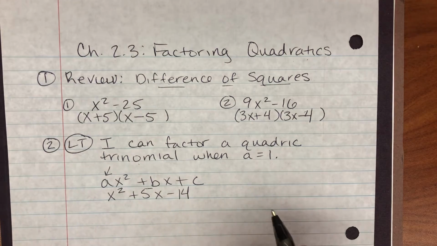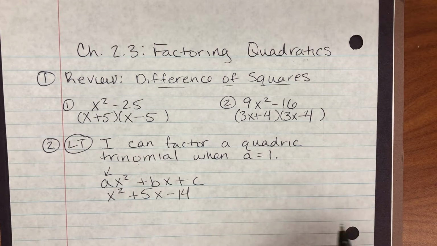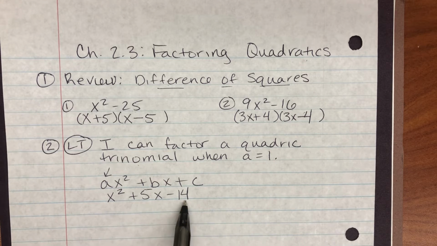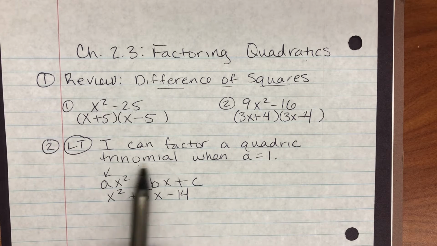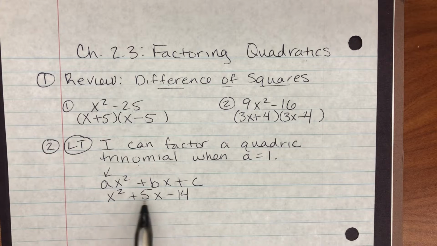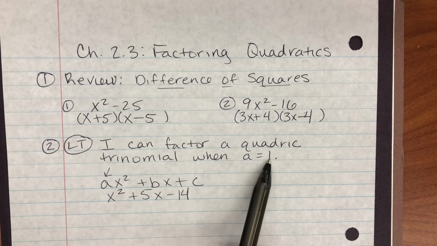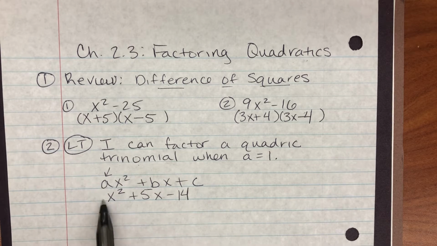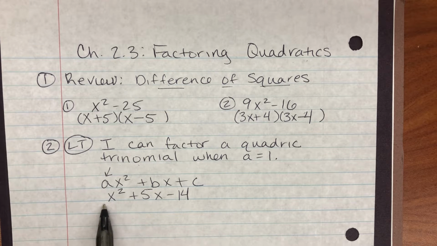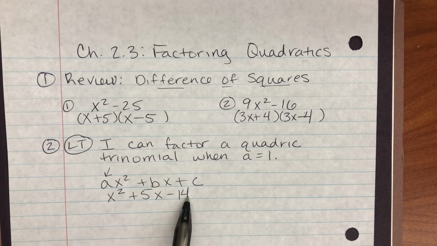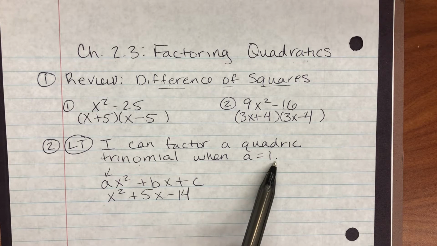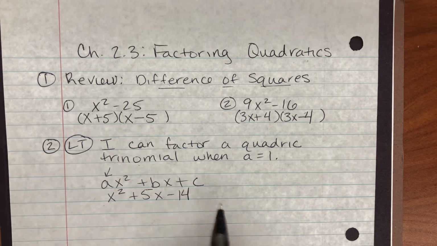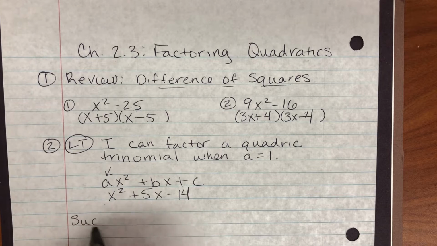So let's look at that problem first. So if I wanted to factor this, I know it's a trinomial because it's three terms, 1, 2, 3. A is 1. There's no number in front of the x squared, so we assume it's a 1 there. So this would be a trinomial when a is 1. All right, so how do we factor this?